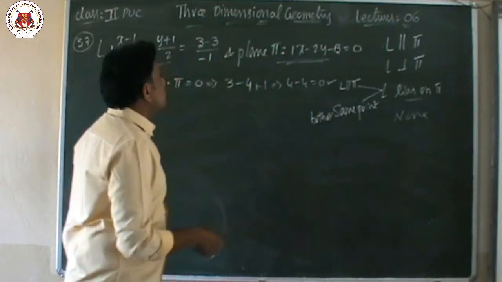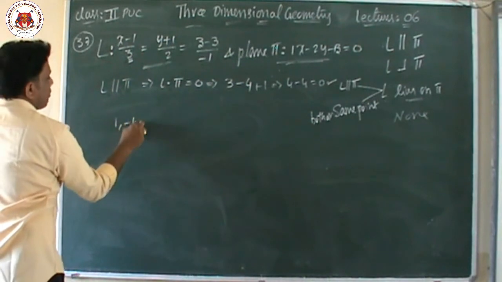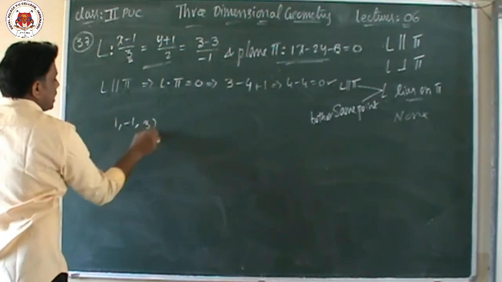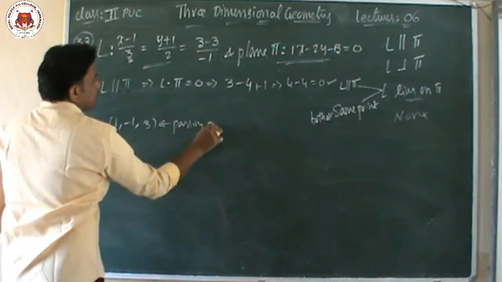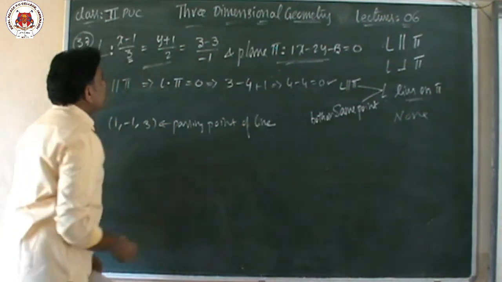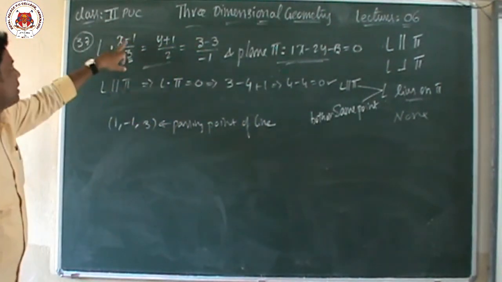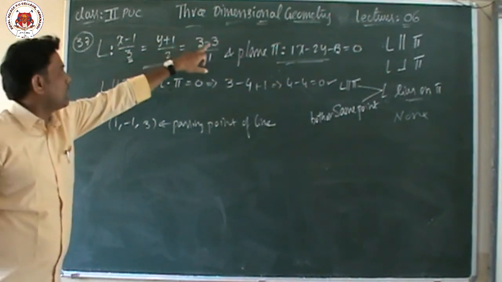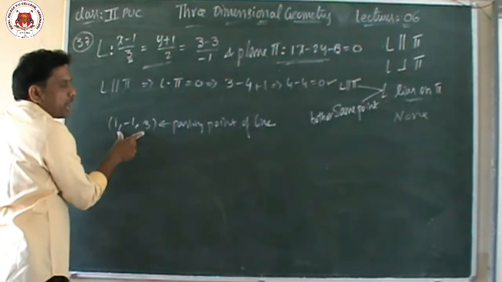So the line is passing through which point? 1, minus 1, and plus 3. This is the passing point of the line. Whatever is there, change the symbol: minus means plus 1, plus 1 means minus 1, minus 3 means plus 3. So the line is passing through this point.